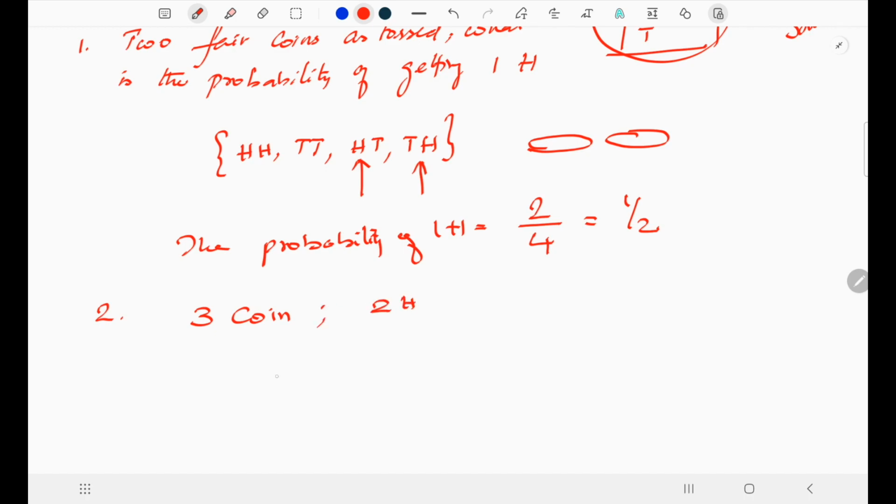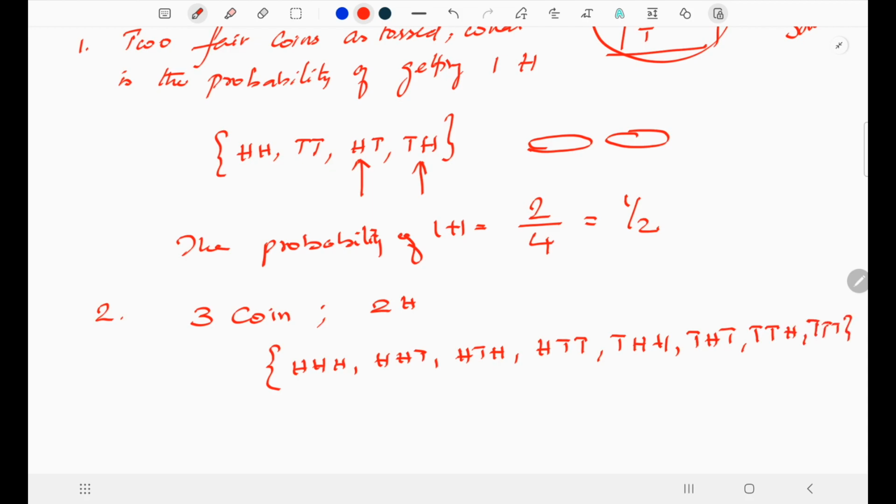If I toss 3 coins, what are the possible outcomes? Head, head, head; head, head, tail; head, tail, head; and so on, up to all 3 tails. Counting them, 1, 2, 3, 4, 5, 6, 7, 8, so in total I have 8 outcomes.